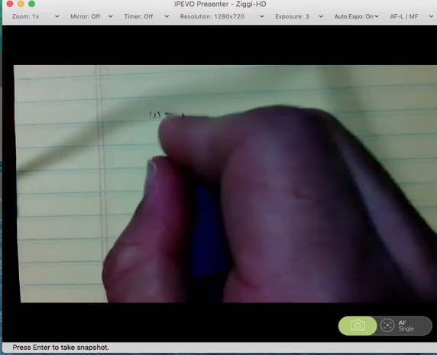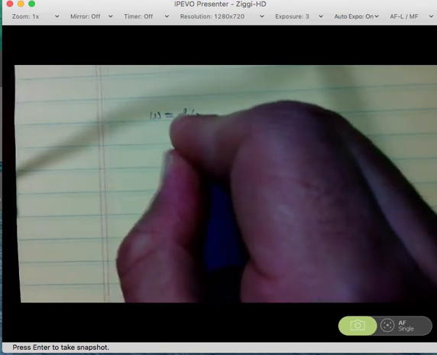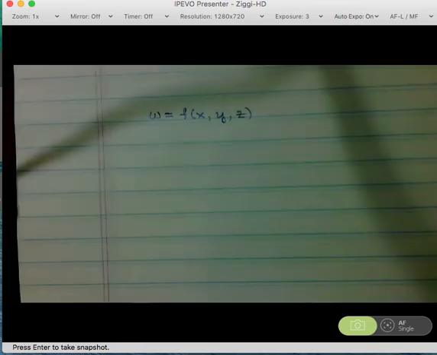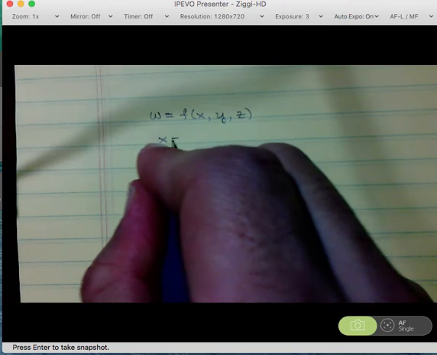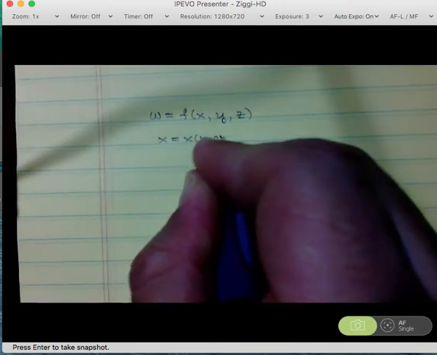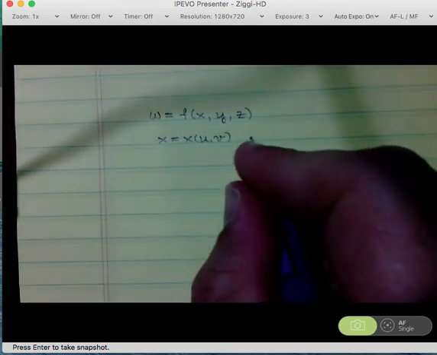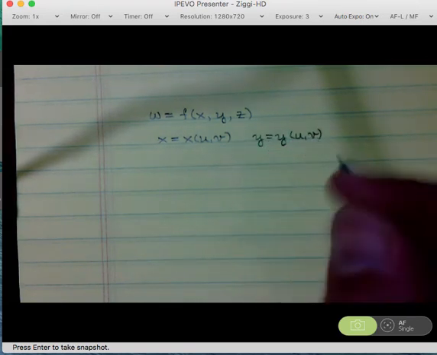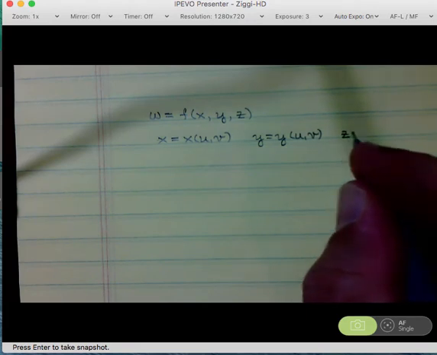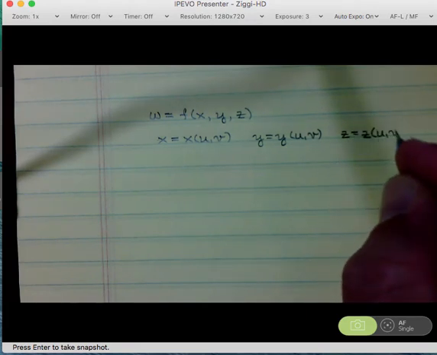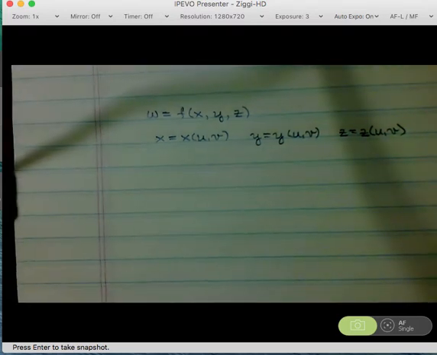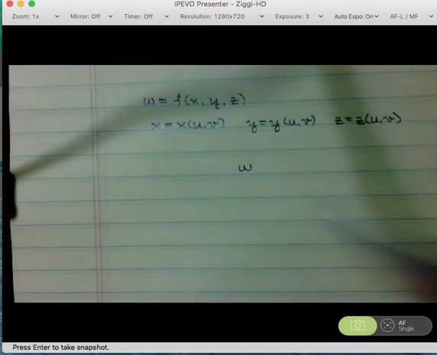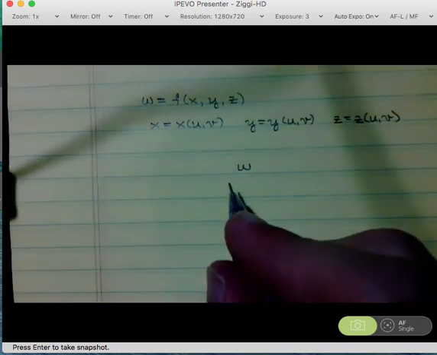Suppose that w is a function of x, y, and z. And suppose that x is a function of u and v, y also a function of u and v, and let's suppose that z too is a function of u and v. We can create a tree diagram for this situation. At the top, we place w.